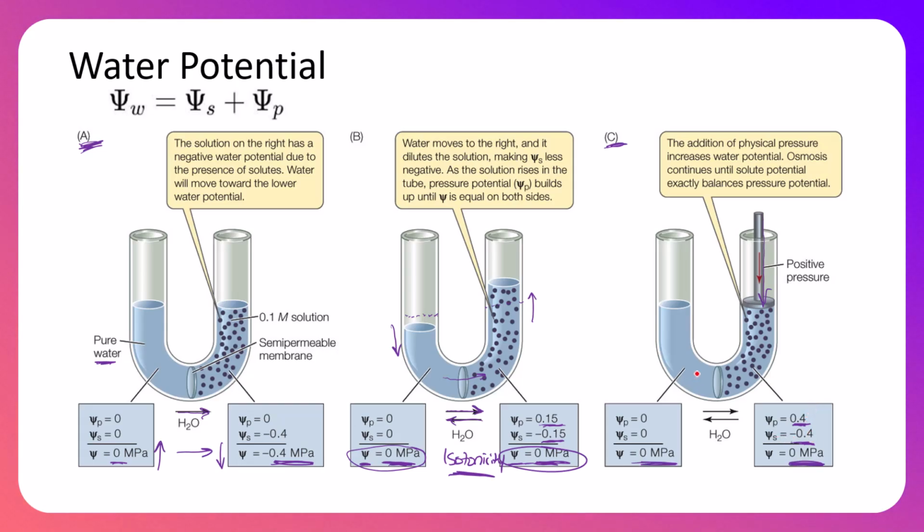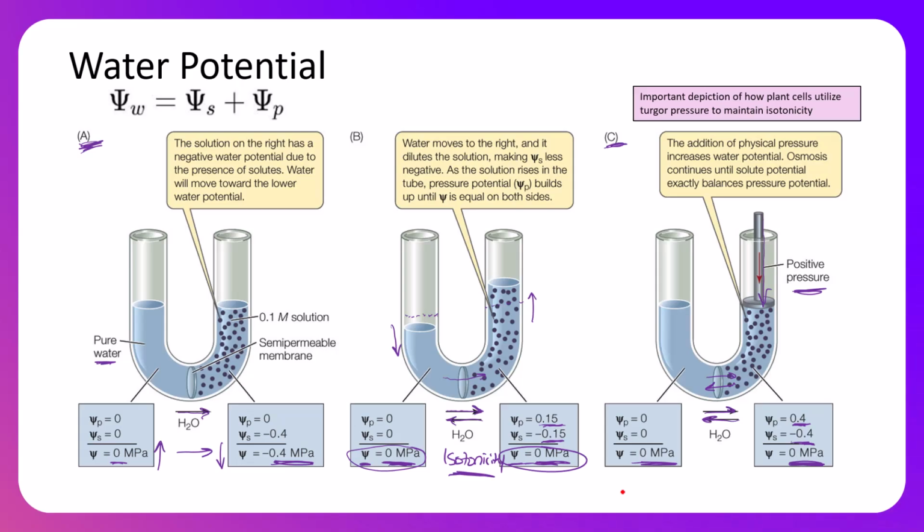And so we're going to balance these sides, and just by exerting pressure on the right side, we'll reach an equilibrium point, and therefore the net movement of water is zero, and water can move back and forth through that semi-permeable membrane in equal proportions in both directions.